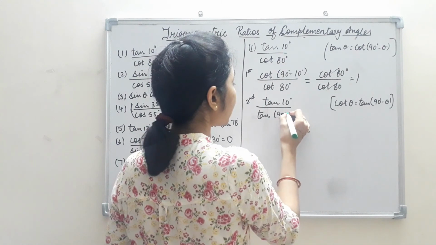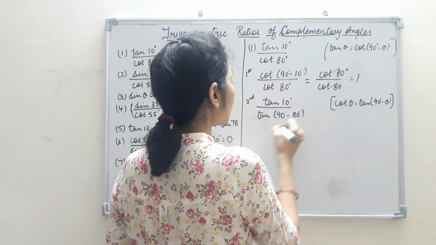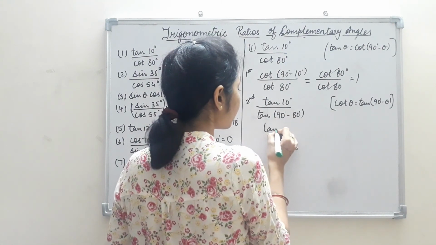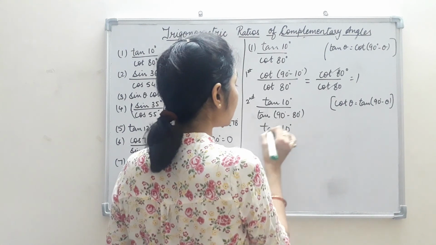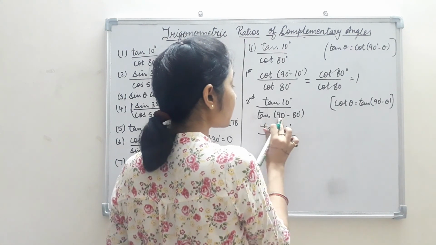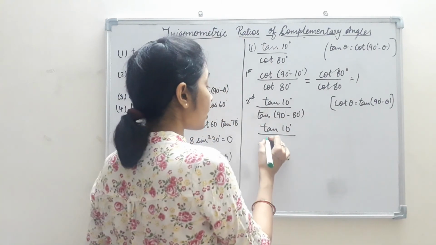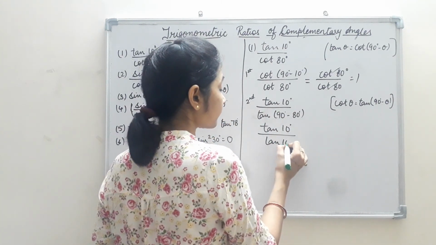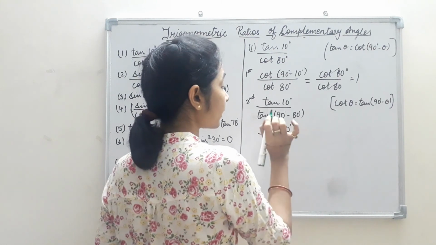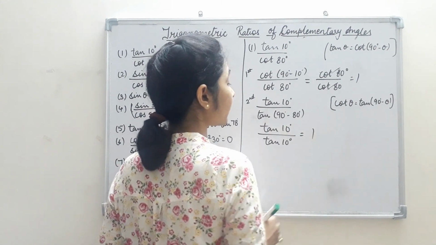So 90 minus 80 degree. Tan 10 degree remains as it is, and 90 minus 80 gives me 10 degree. So tan 10 degree upon tan 10 degree is equal to 1, both cancel.